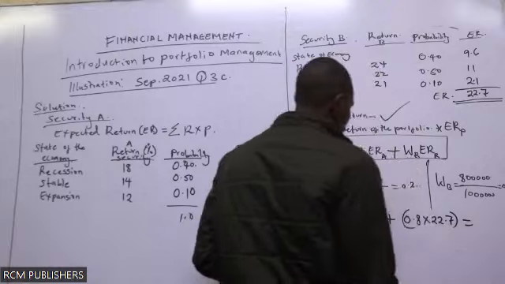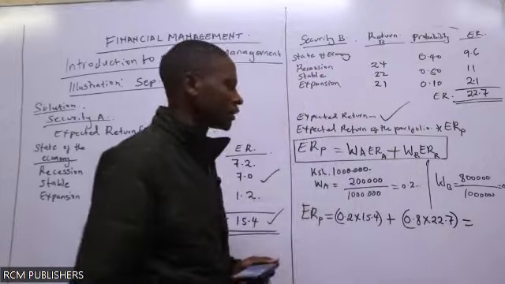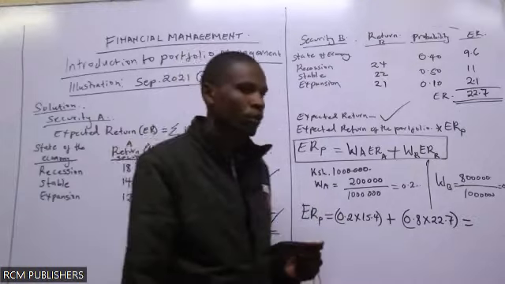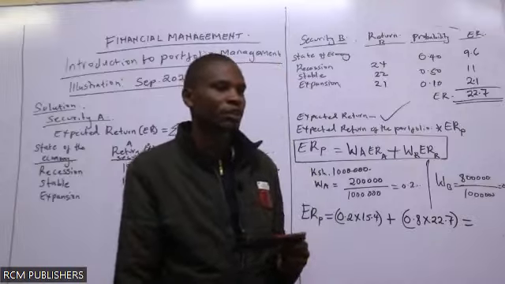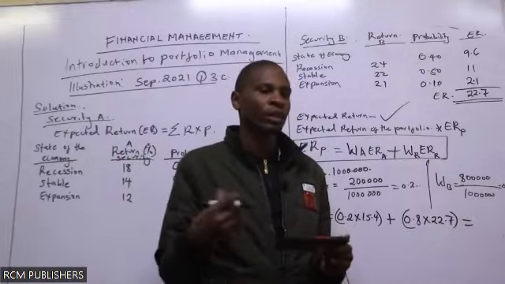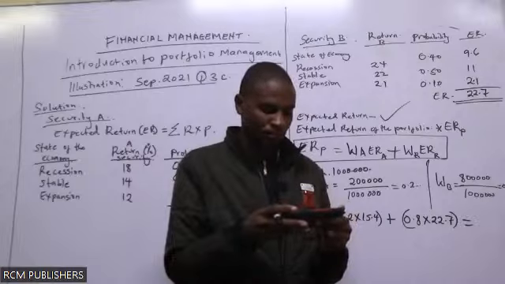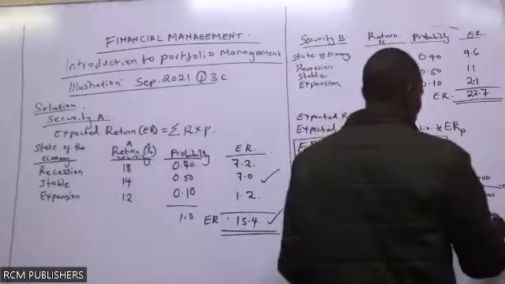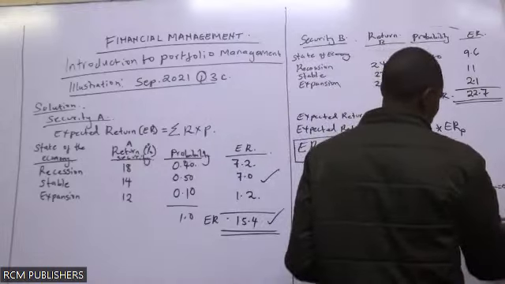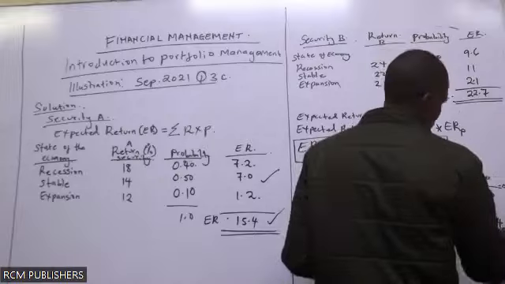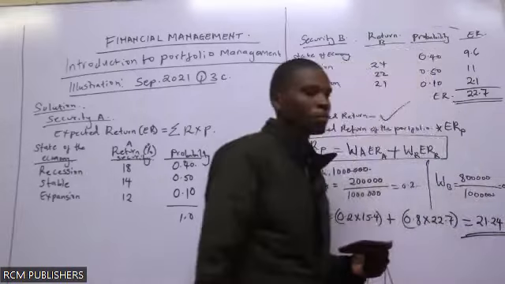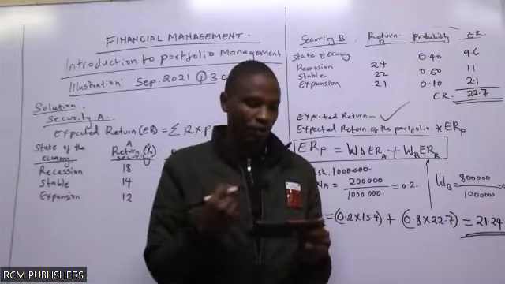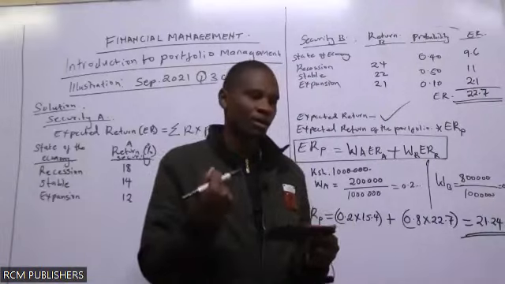So what are you going to get as our expected return on portfolio? 21.24. And then that's all. With that, you could have gotten your 3 marks.